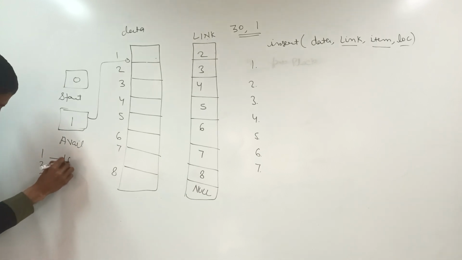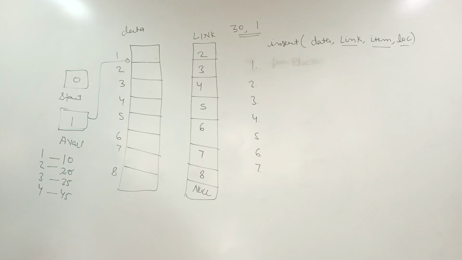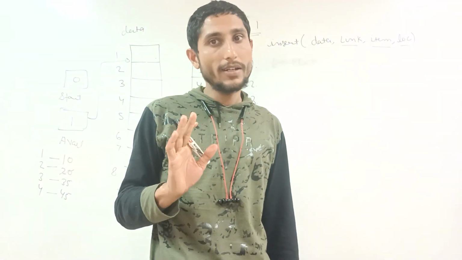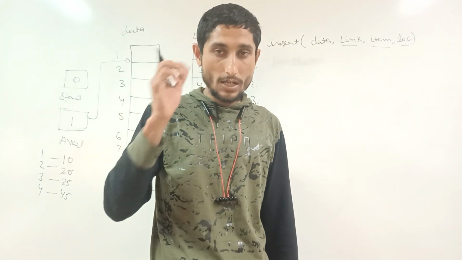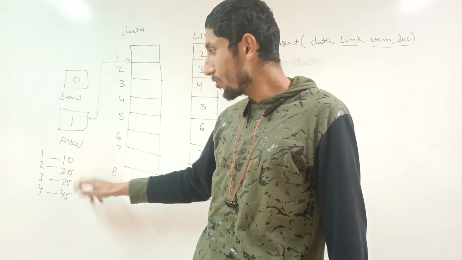My task is to insert 10, 20, 35, then 45, and then to delete 20. Okay, so let me explain one by one. First, I want to insert 10. As a user, I don't bother whether you use an array or a linked list. I will not think about this. As a programmer, you have to think. As a user, you are interested in storing these 4 elements.